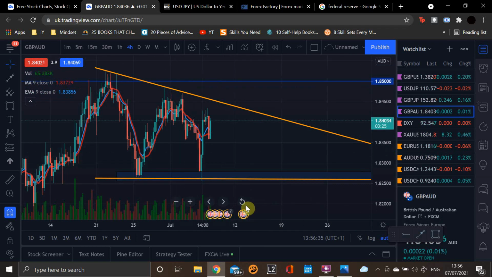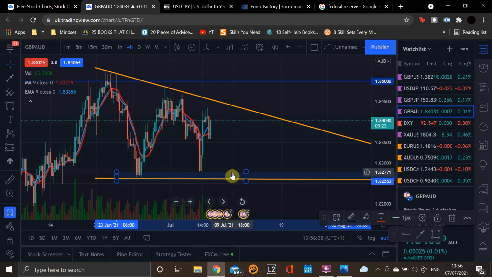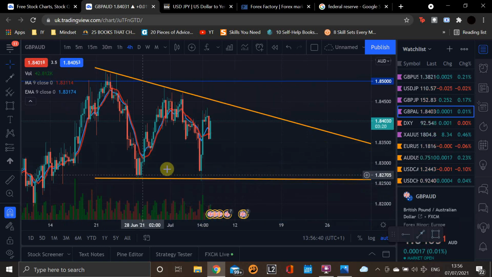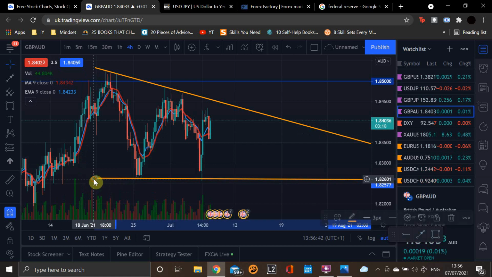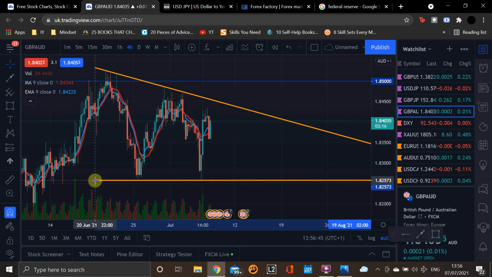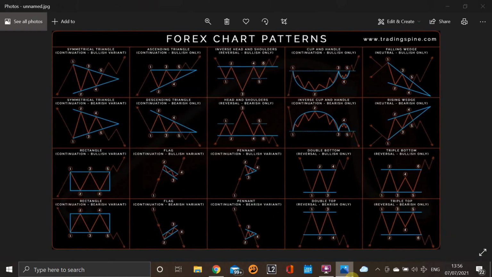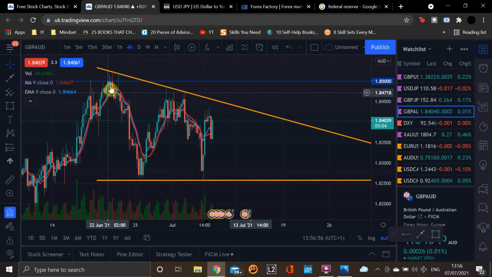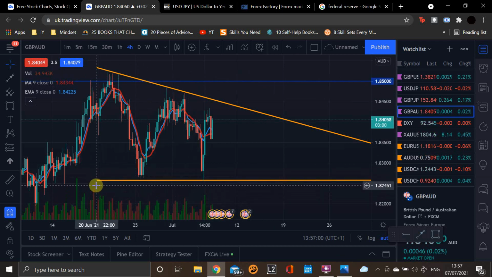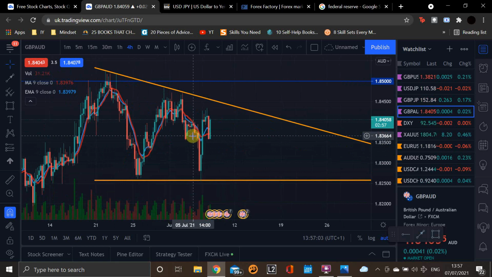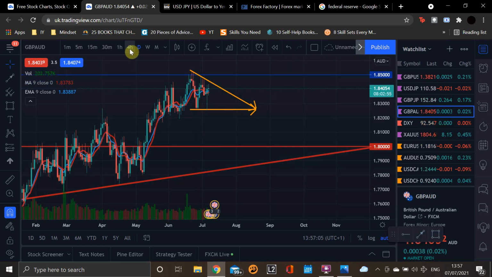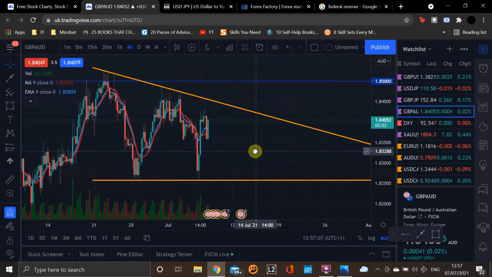Okay, so we clearly know what pattern this is. This is a descending triangle. So 2 touches on the top, 3 touches on the bottom. 2 touches on the bottom, and around a few touches on the top. However, I should be aware that this could also be a trend line.